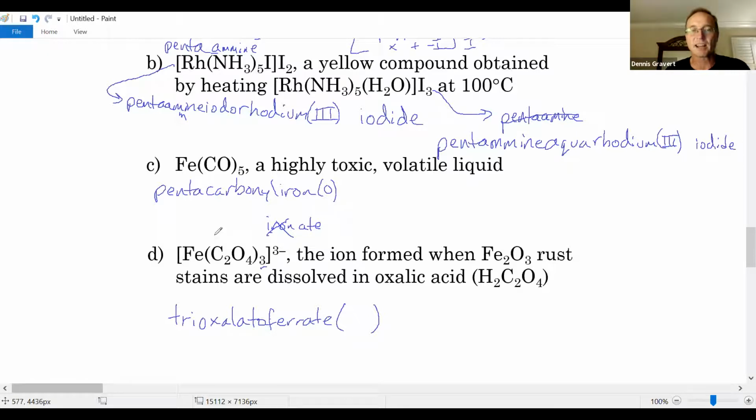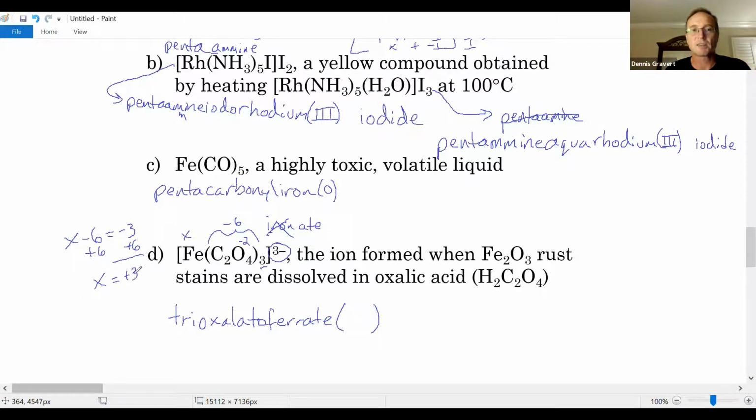Well, the oxalate ions each have a -2 charge. There's 3 of them, so together they all add up to -6. The net charge is -3 though. So x minus 6 equals -3. Add 6 to both sides.